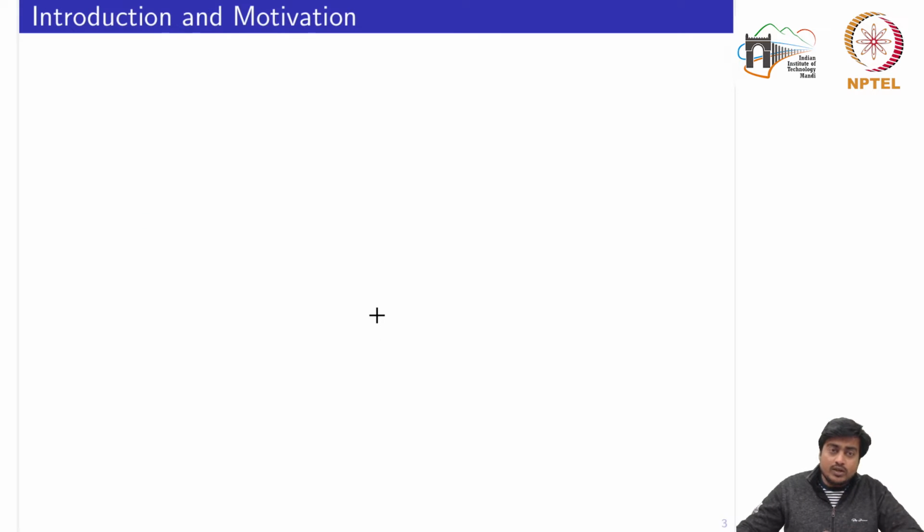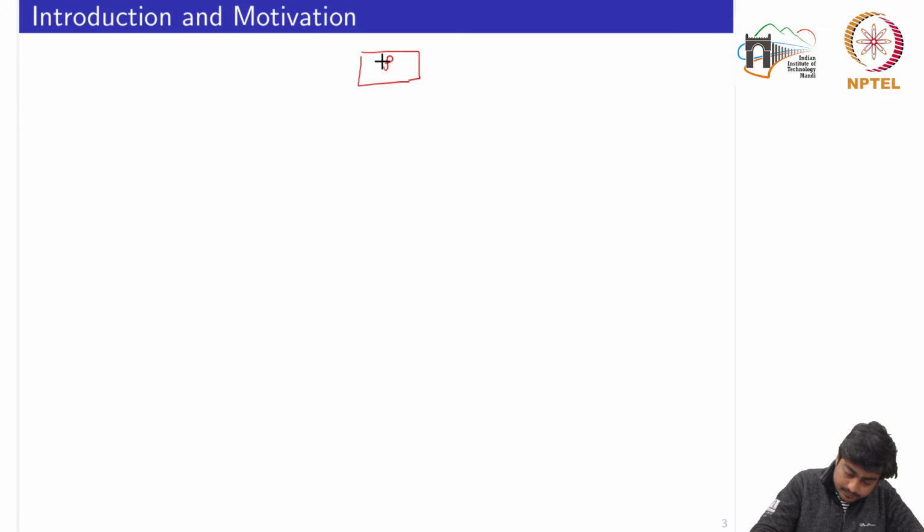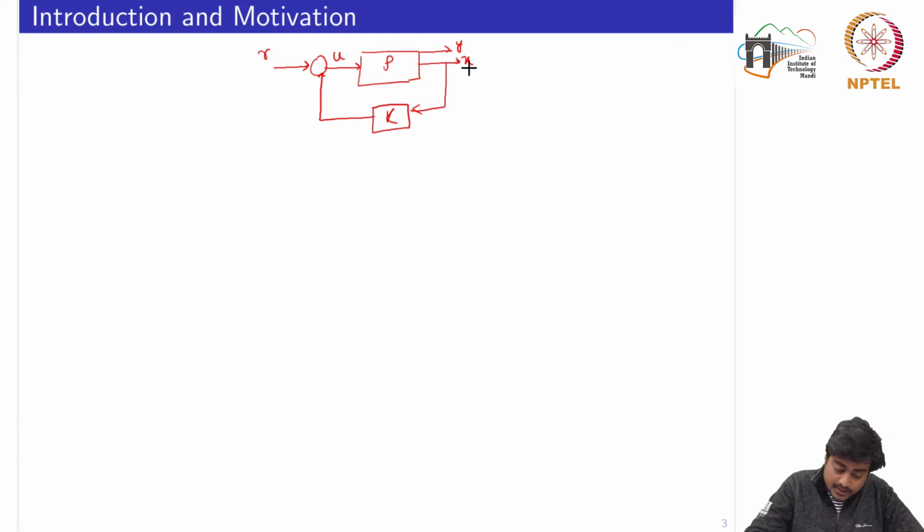So starting with the introduction and motivation about the observability. Let's say we have the plant governed by, I will draw two outputs, one is the X, another is the Y, and this is the U. So far we have seen the controller design procedure where we are putting the state feedback to some reference signal, let's say R, by taking directly the measurement of the state variable.